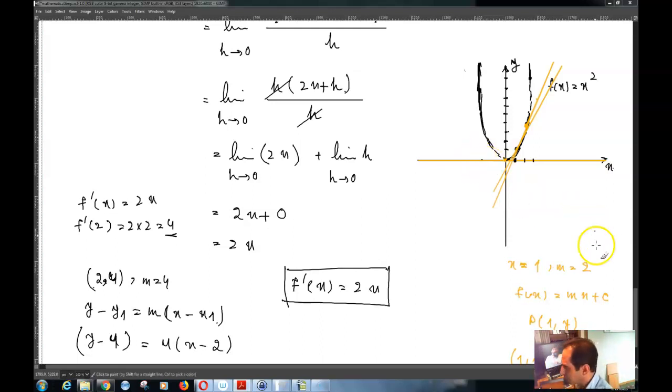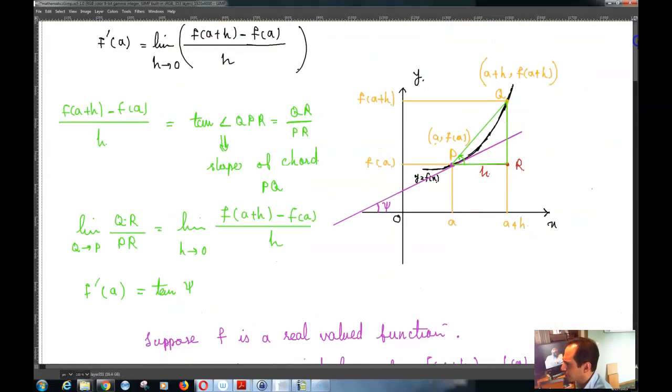Now suppose that you have another function. Suppose that you have a constant function f of x is equal to some constant, or a fixed real number a.